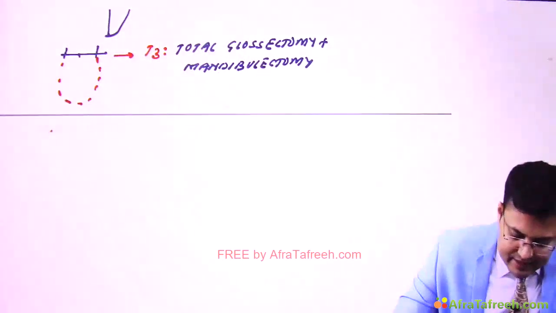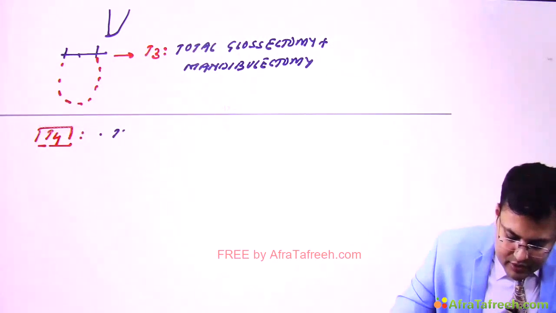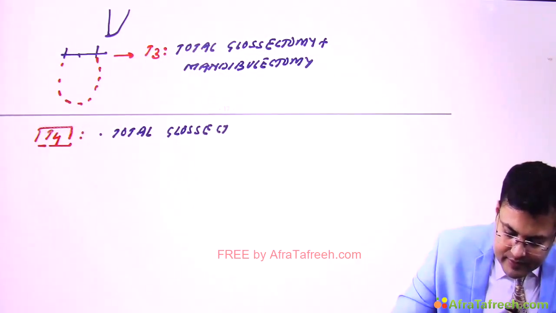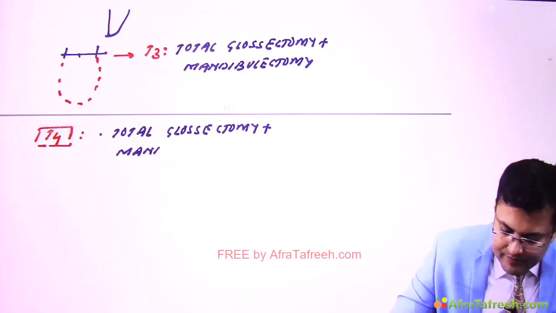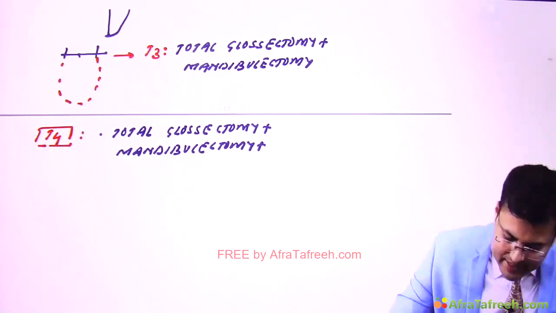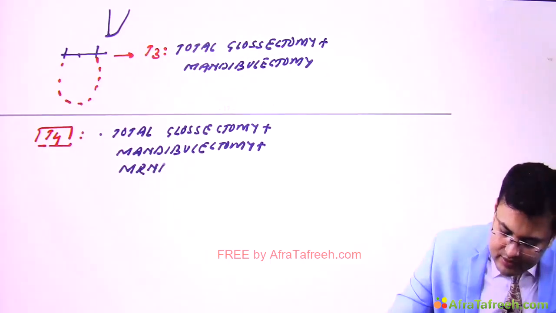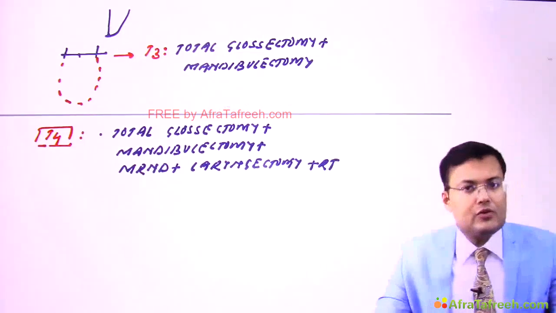So if patient is having T4, so here we perform total glossectomy plus mandibulectomy, clear, plus we perform modified radical neck dissection MRND plus laryngectomy and we give radiotherapy. Laryngectomy plus we give radiotherapy. Why? To prevent the post-operative recurrence.